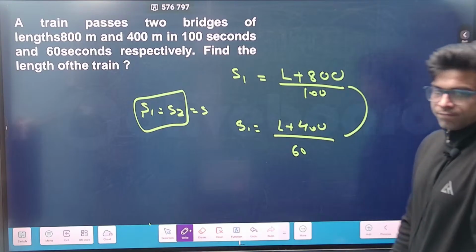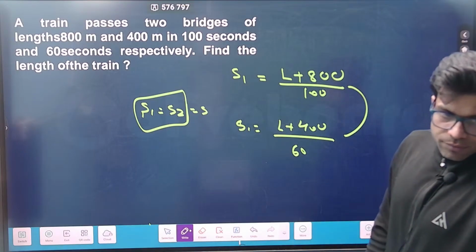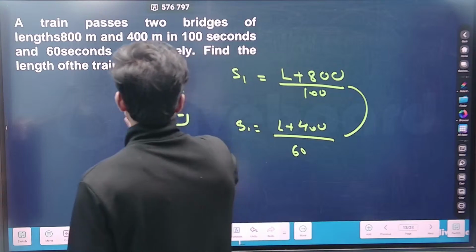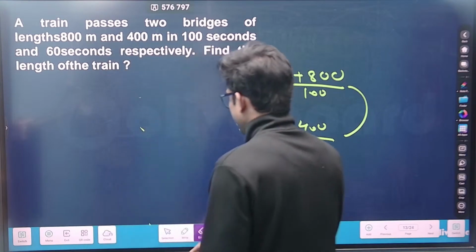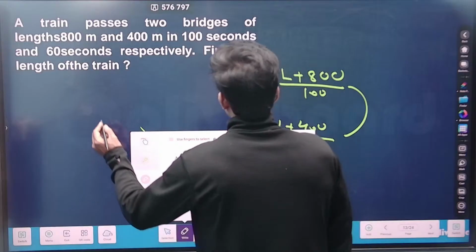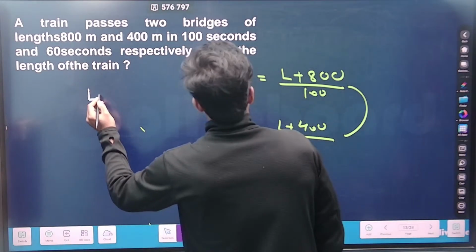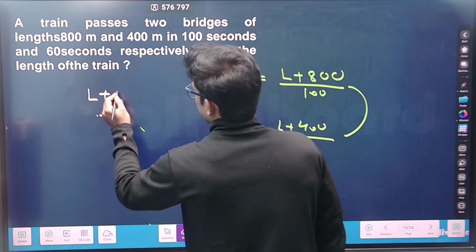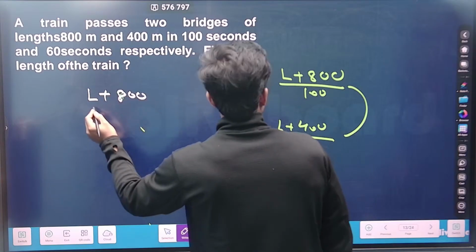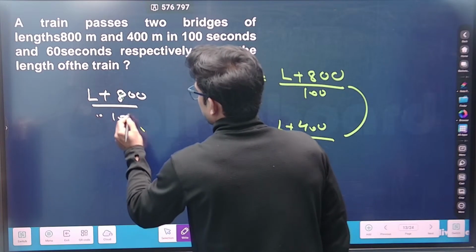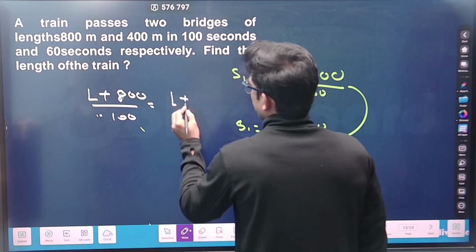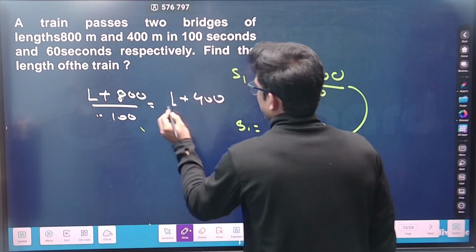So I can say that (L plus 800) by 100 would be equal to (L plus 400) by 60.